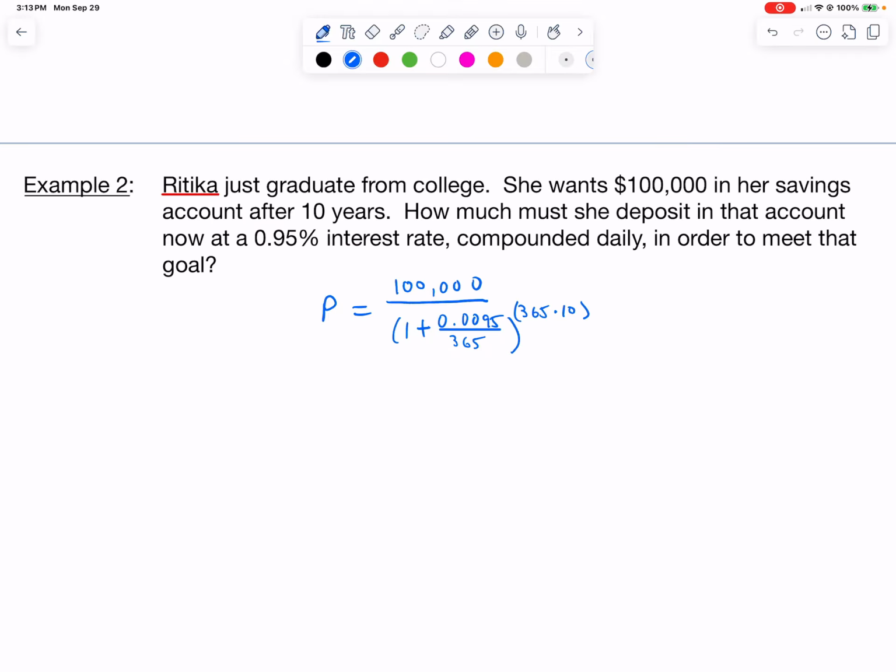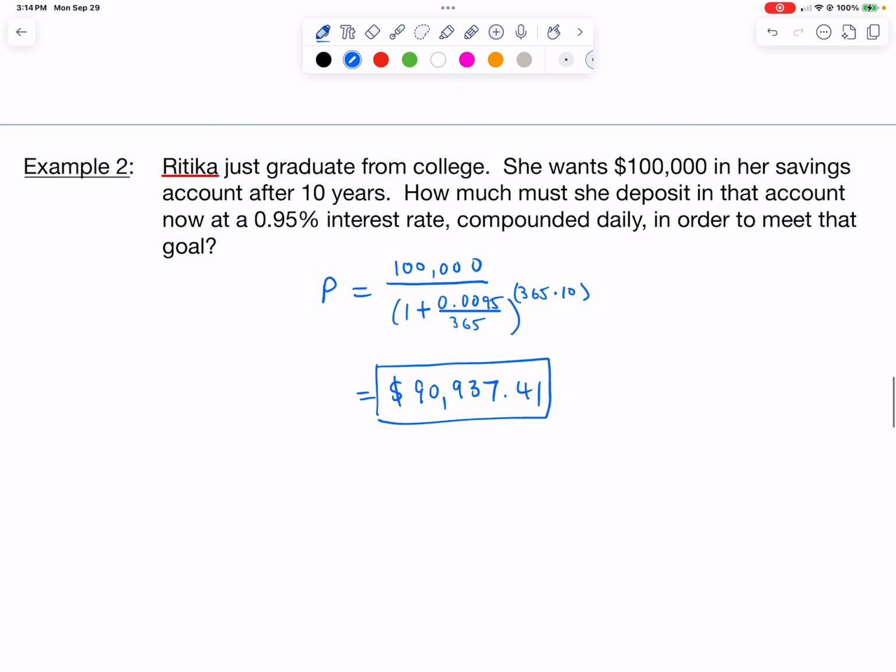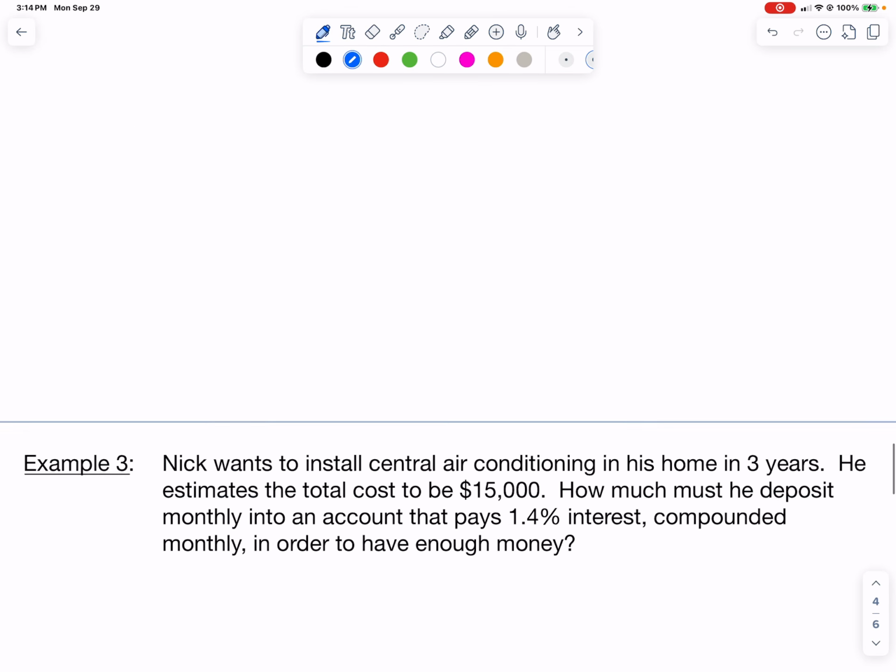Okay, and plugging that into the calculator, we would get the following: $90,937.41. Okay, so this is how much Ritika needs to deposit into her account now if she wants it to grow to $100,000, where the account is compounded daily at 0.95% interest rate.